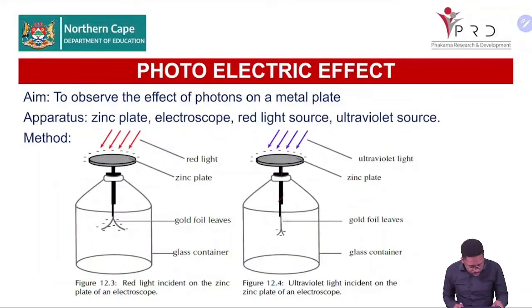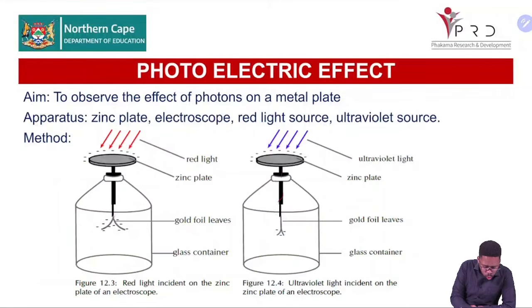Let's start from the red light. The red light is the visible light. Remember we said he used two lights, visible light and ultraviolet radiation. Now, when the zinc has negative charge or excess electrons, because it is connected to the rod, the rod will also be negatively charged.